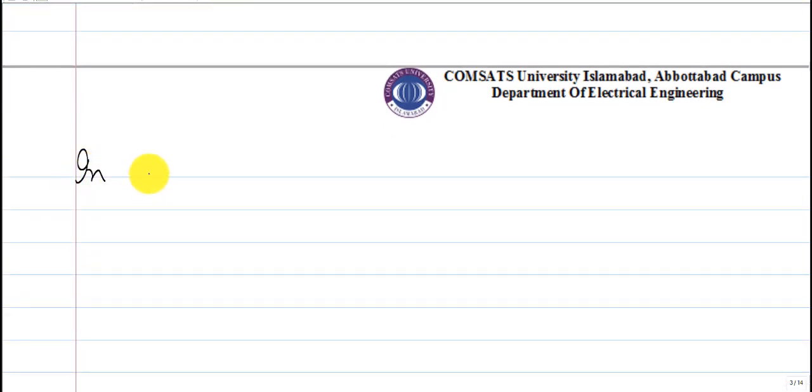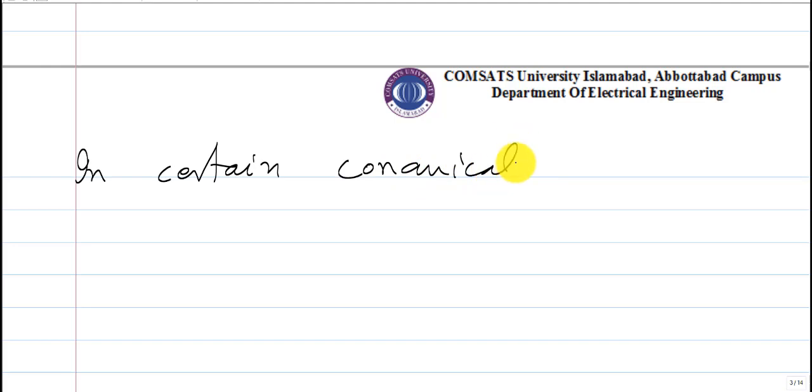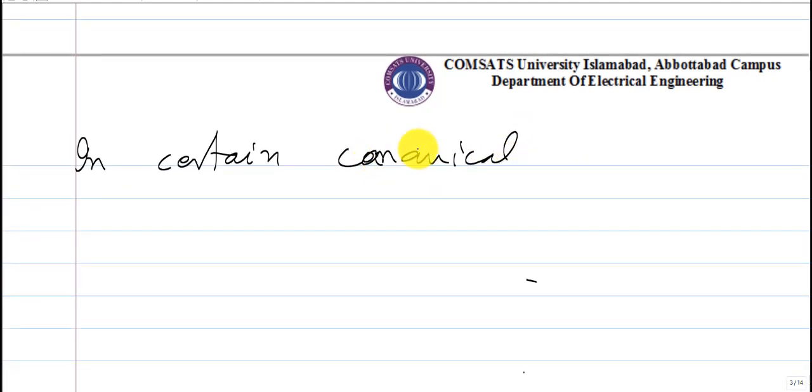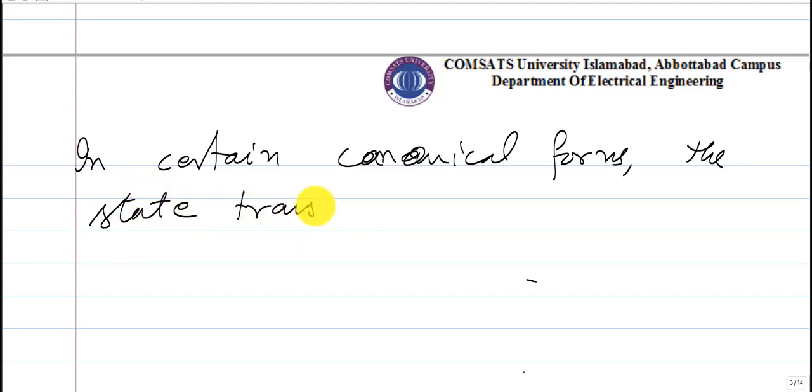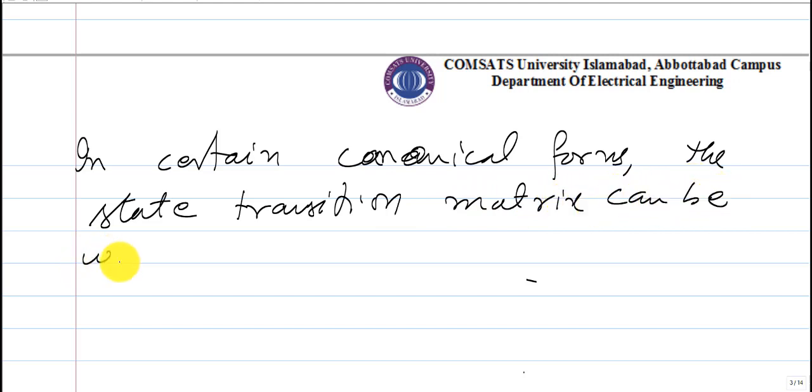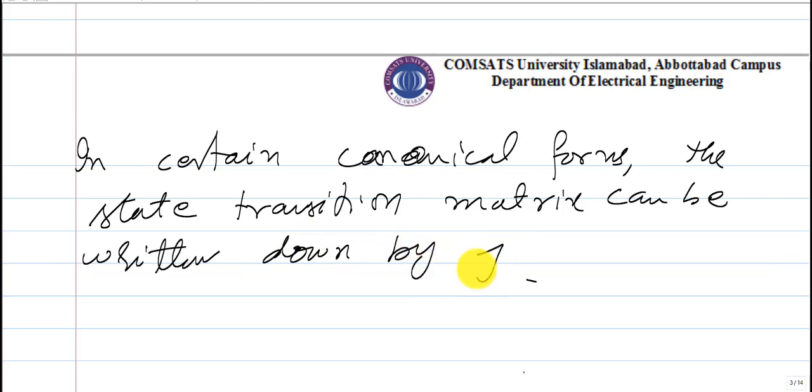Sometimes in certain canonical forms, the state transition matrix can be written down by just inspection. We will see how we can write certain canonical forms by inspection.